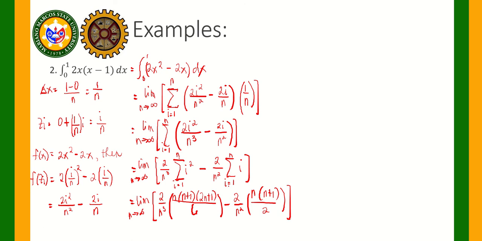So, we try to simplify. This will cancel. So, matitira na lang dito will be 2. And of course, for this one, matitira dyan will be 3. Also, this will cancel. And also with this one.